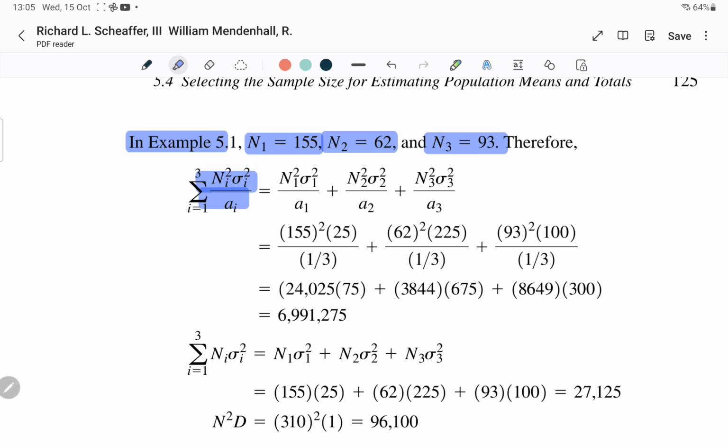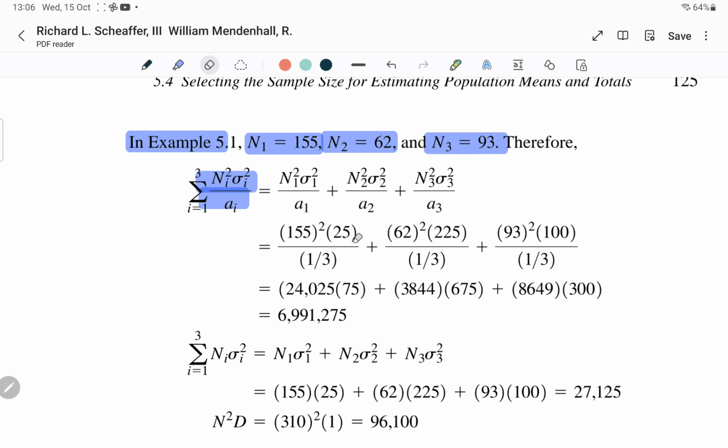In the numerator, I told you, if your population is separated into 3 parts, then your formula will be separated in 3 parts: N1 square sigma 1 square a1, plus N2 square sigma 2 square a2, plus N3 square sigma 3 square a3.